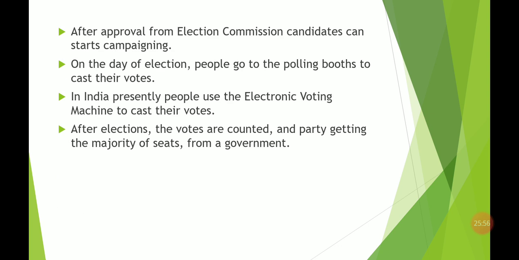So after the approval of the election commission, the candidate can start campaigning, meaning after the checking of the nomination paper and the nomination of that candidate, when the election commission marks it correct, that particular candidate can start campaigning.